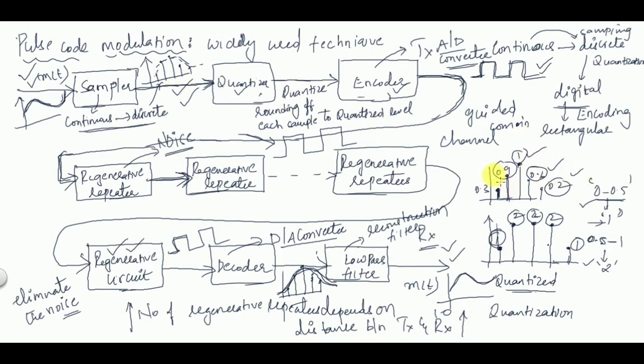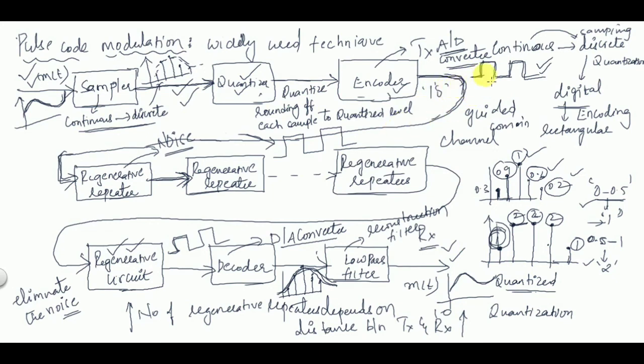These random amplitudes of the samples are converted into nearest rounded off values, called quantized values, by using the quantizer. The output of the quantizer is given to the encoder, which is an A to D converter. Based on the quantization levels, it converts that into bits, that is ones and zeros.